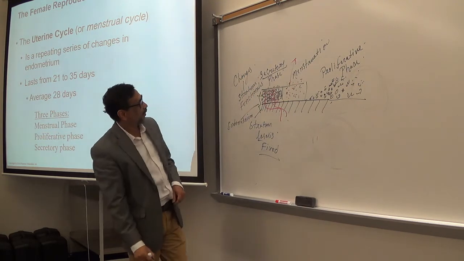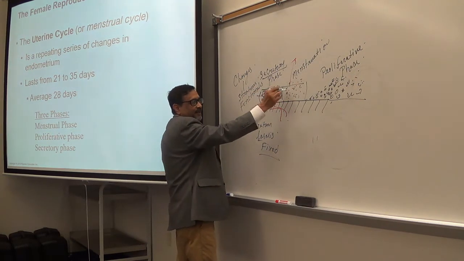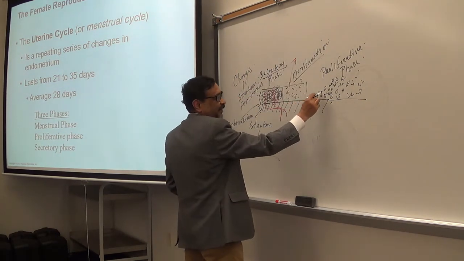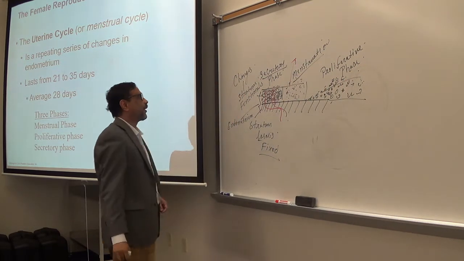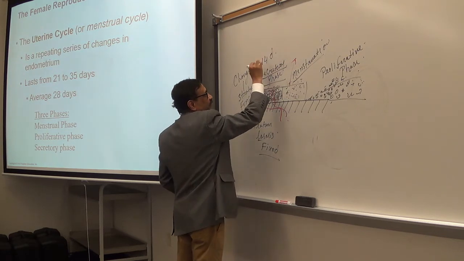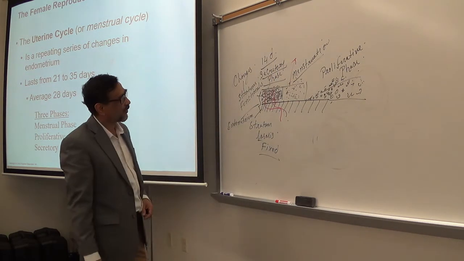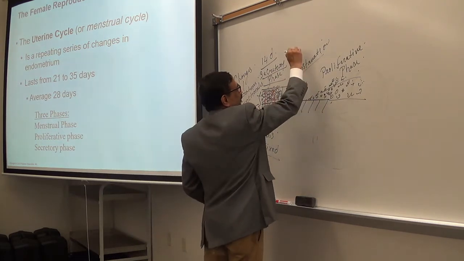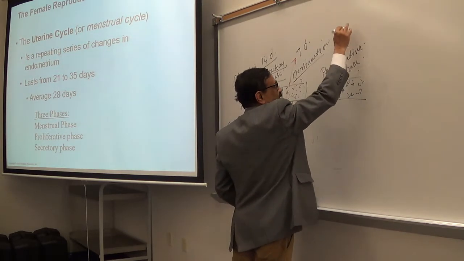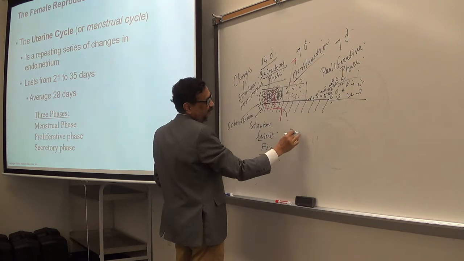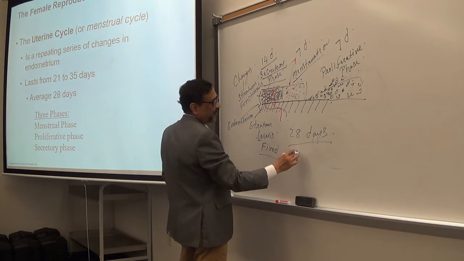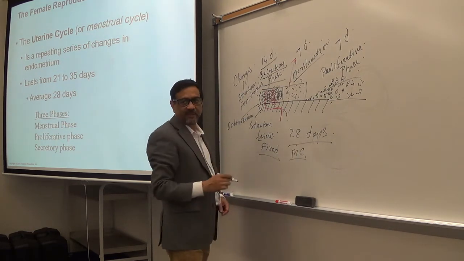Then this whole layer is destroyed, that is the menstruation, and then this layer is again formed. The secretory part lasts about 14 days, menstruation about 7 days, and proliferation another 7 days. So total 28 days. So the menstrual cycle has 28 days.